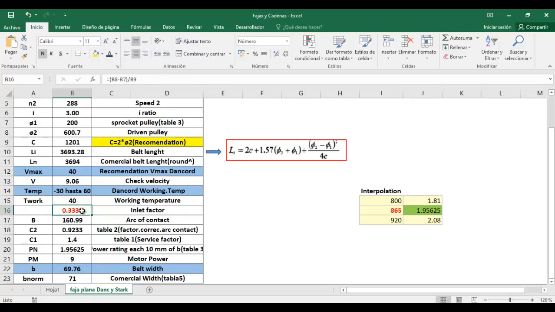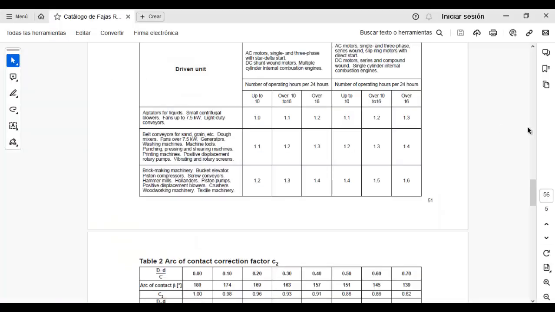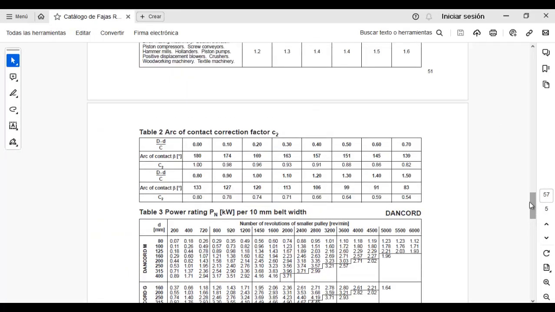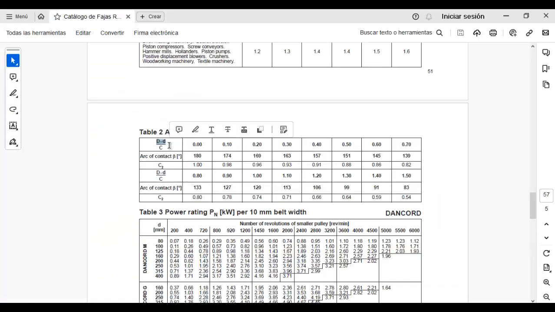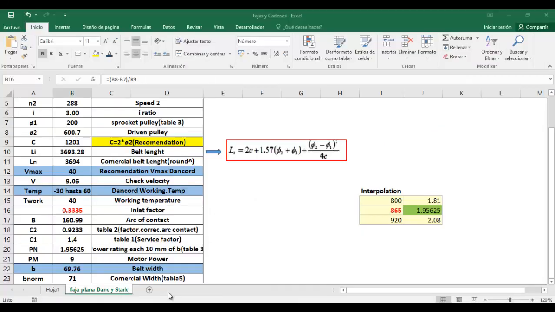This is something that I call the inlet factor. It is an equation from here. As you can see, there's no name here and I didn't know it, so I only put it to calculate this. This is our inlet factor: the difference of the diameters over the center distance.